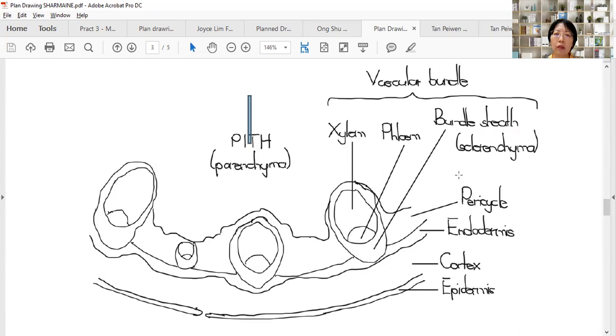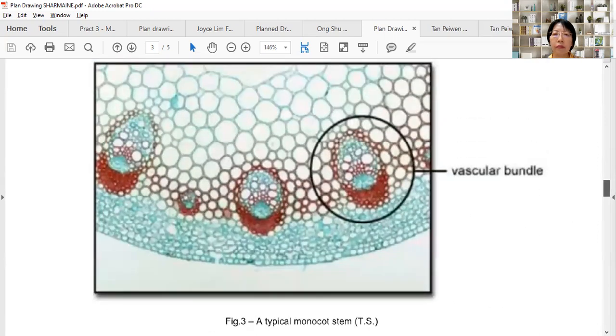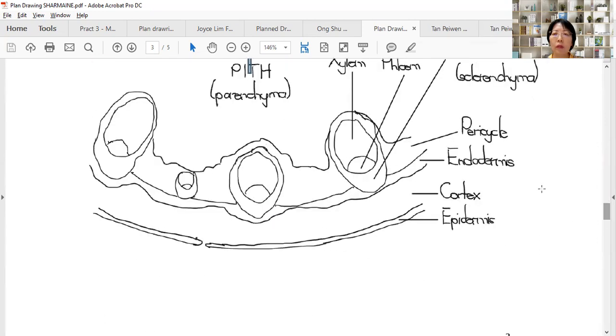Drawing wise, I think this drawing is quite accurate, right? And then no need to draw endodermis. Usually we don't draw endodermis in the stem. Even though you learn the basic tissues, epidermis, cortex, endodermis, in the stem we never label endodermis, okay?